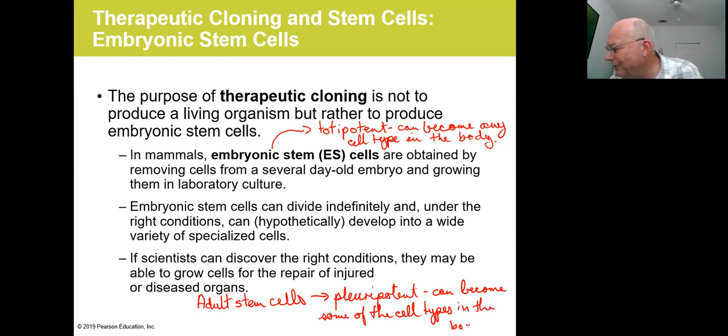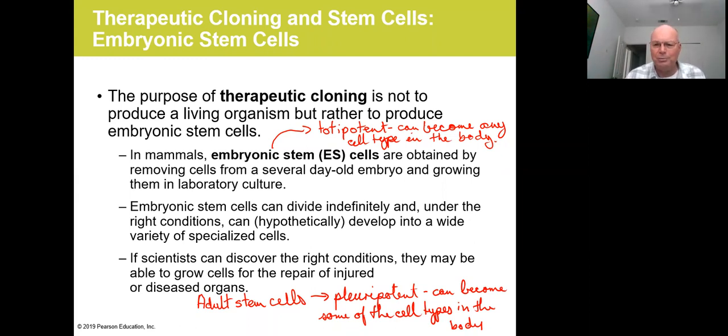In other words, they have a limited range that they can become, whereas the embryonic stem cells can become anything.